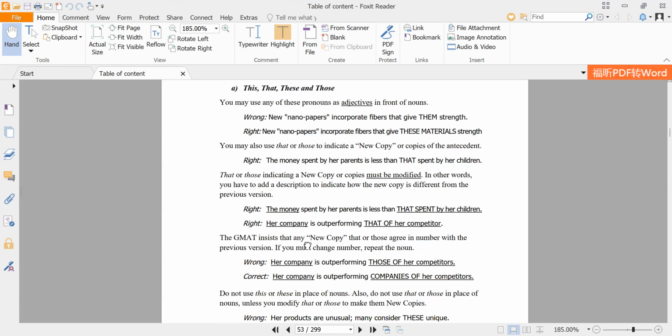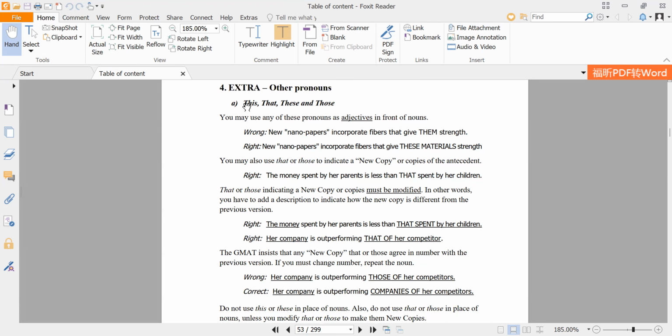And the third rule is that if we want to use these four pronouns to refer to a new copy of a certain noun, or something of a similar nature to a noun that already appears in the sentence, then they must agree in number. So what does that mean? Let's say I want to compare two things.